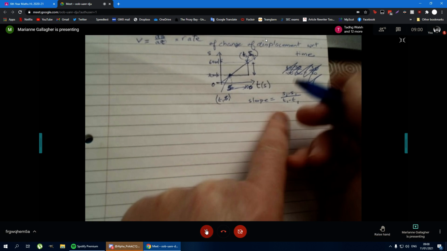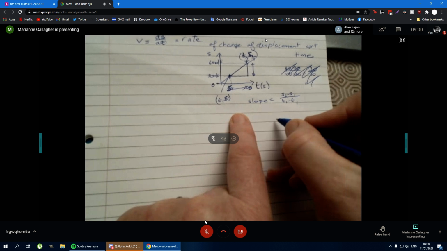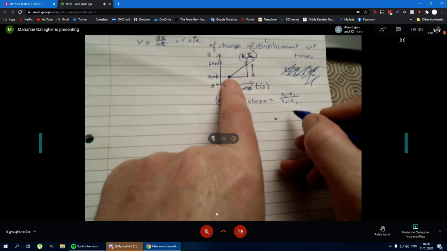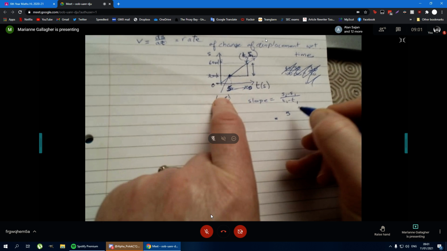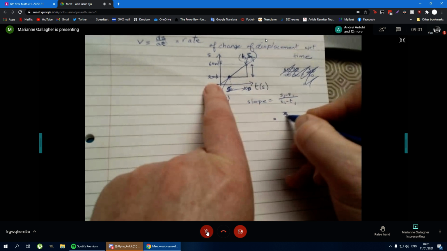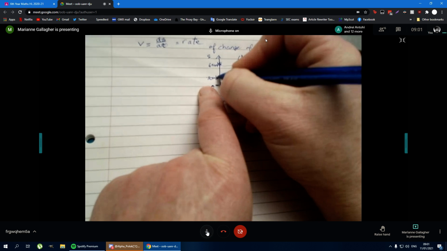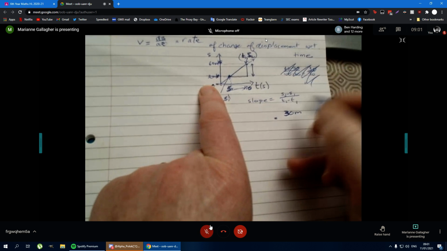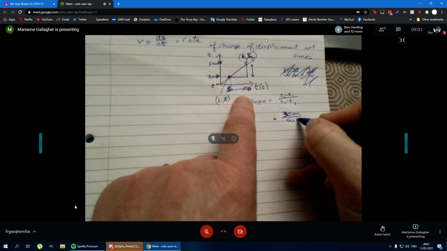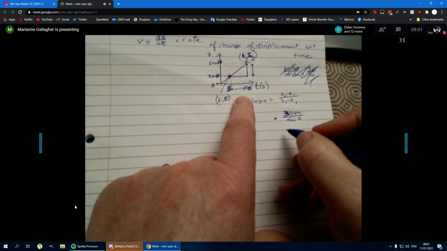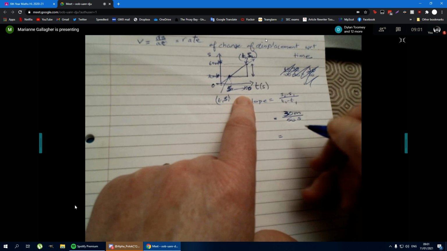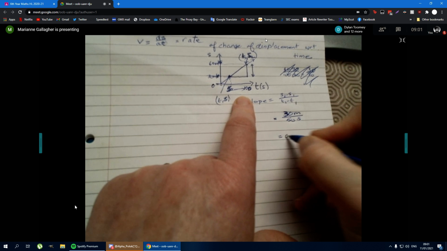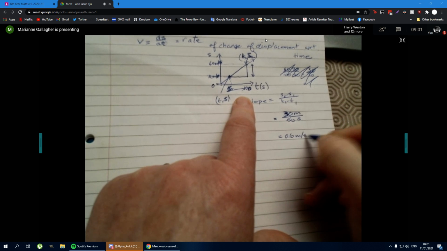Yep. And when you do S2 minus S1, you've got 30 meters over 50 seconds, which is 3 over 5 or 0.6 meters per second.